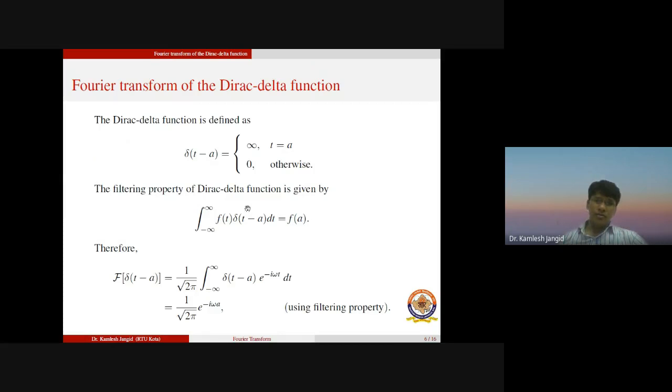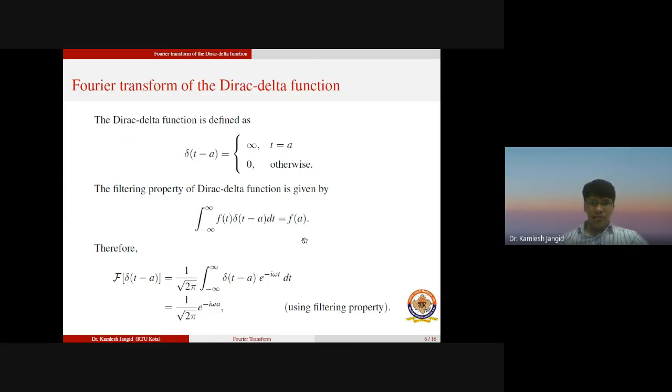Now, if we apply this filtering property, then the Fourier transformation of this Dirac delta function, delta of t minus a, is equal to 1 upon root of 2 pi, integration from minus infinity to plus infinity, delta of t minus a times e raised to the power minus iota omega t dt. This is our definition of the Fourier transformation of the Dirac delta function.